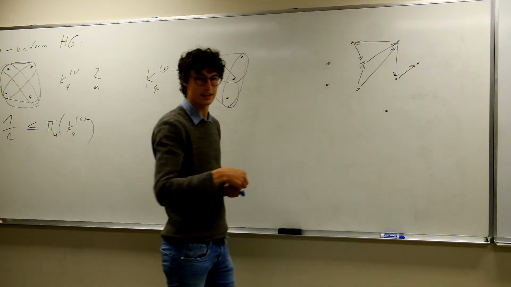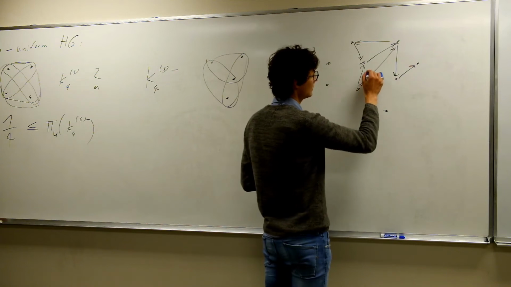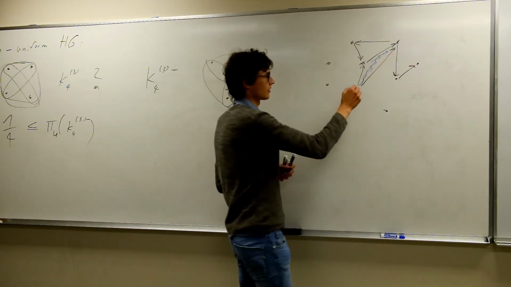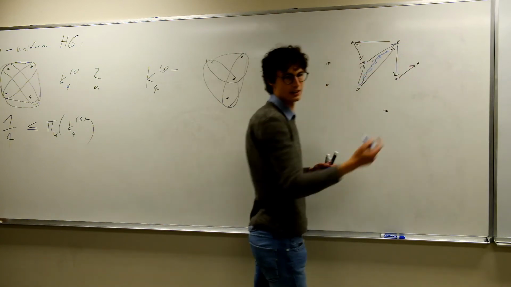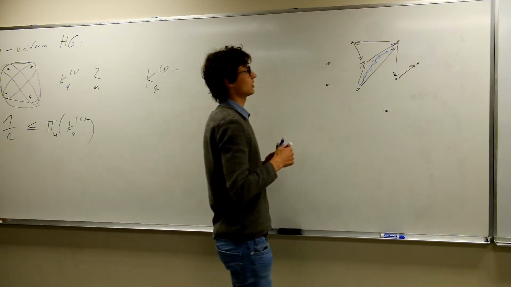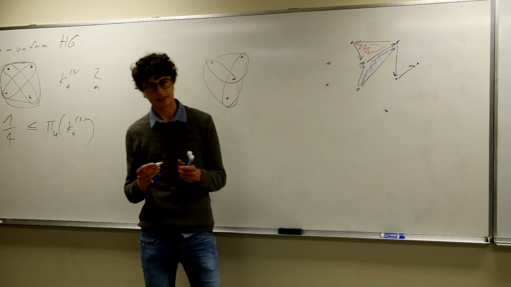And then 2 things can happen. Either you have it like here, a tournament. So you can order the vertices so that all edges go to the other direction. That can happen, or it can look like this. So you have a directed cycle.